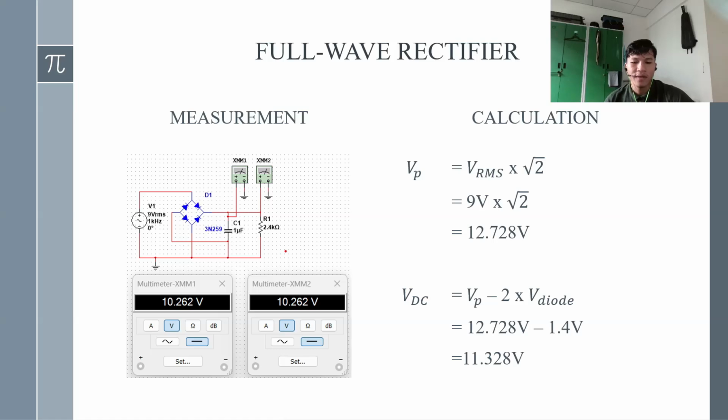In a full wave rectifier, there are two diode drops, each typically dropping around 0.7 volt. So we will use the formula VDC = VP minus 2 times the diode voltage.